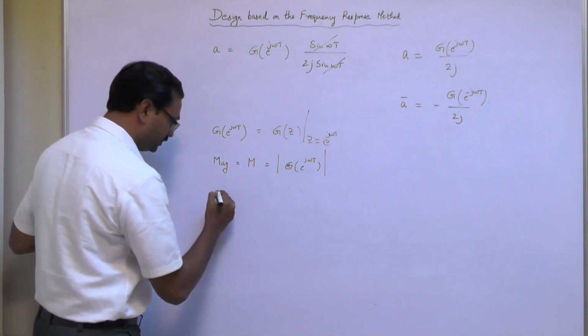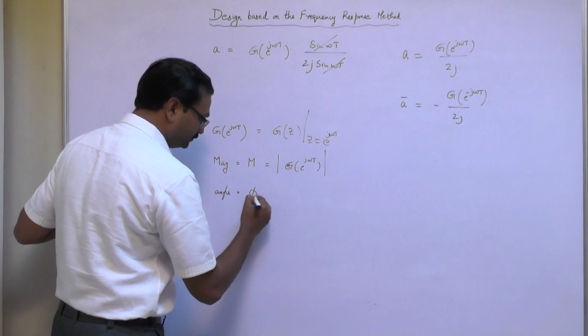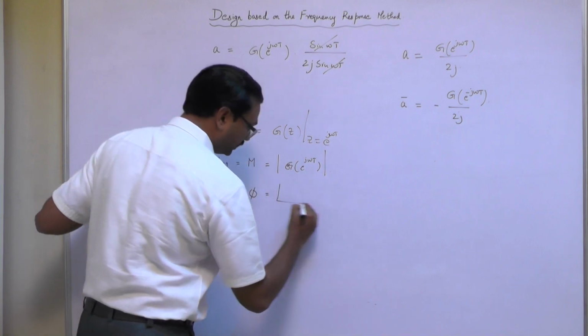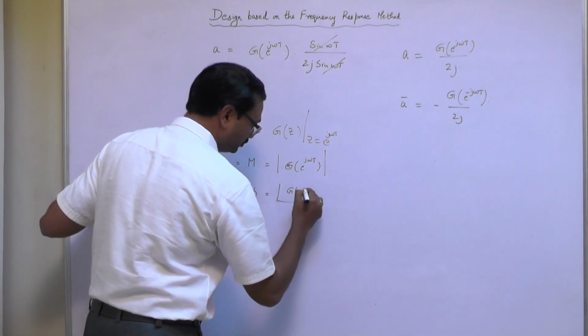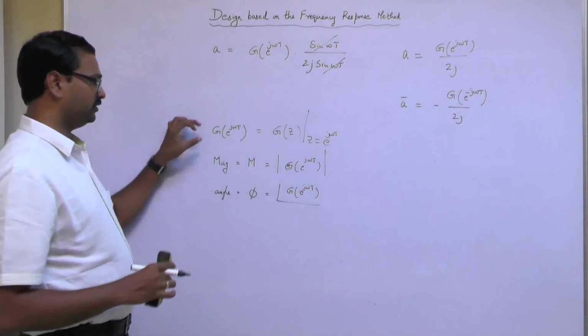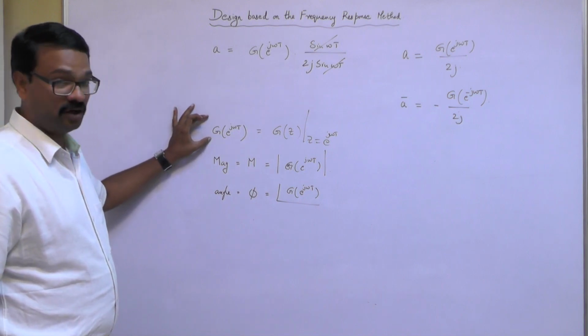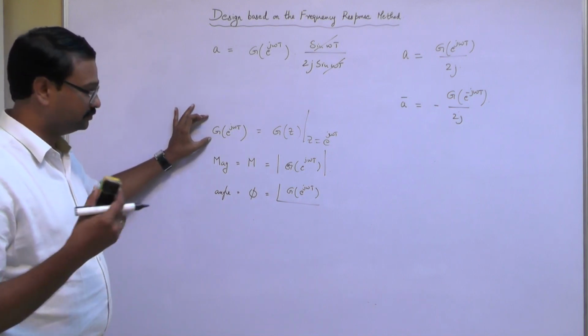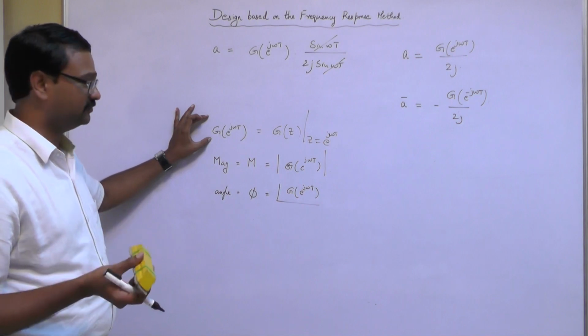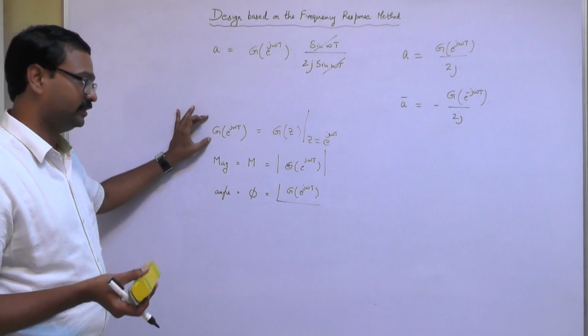And similarly, the angle phi is equal to the angle of G(e^{jωT}). We know that G(z) is a system which has complex values, right?